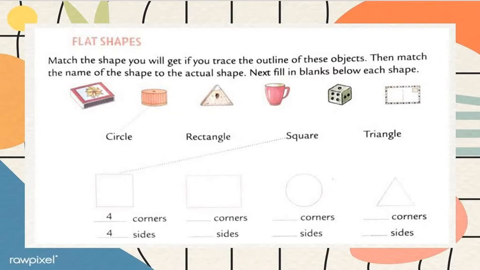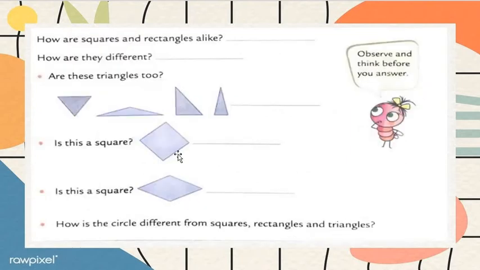Now we will move on further. How are the square and rectangle alike? Means what, my dear students? Are rectangles and squares the same or different? See here, my dear students.